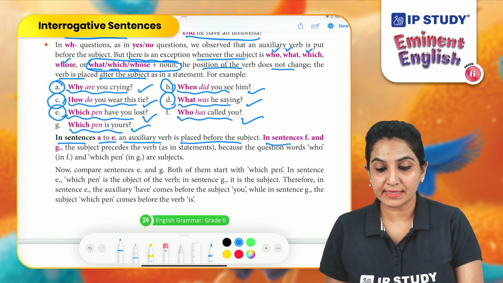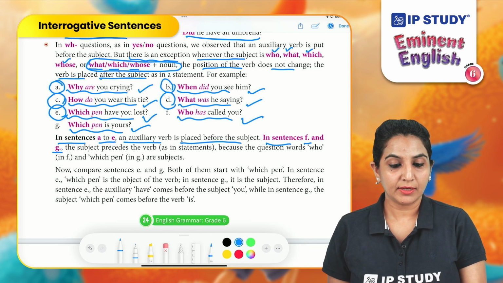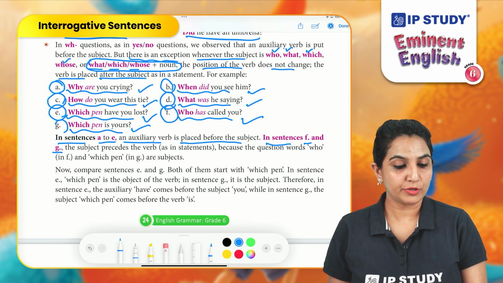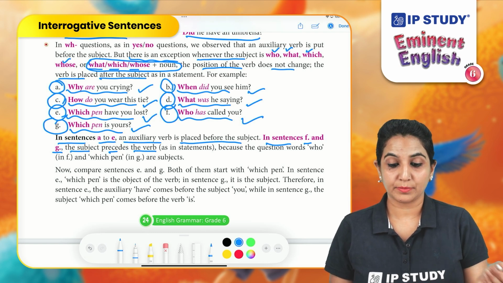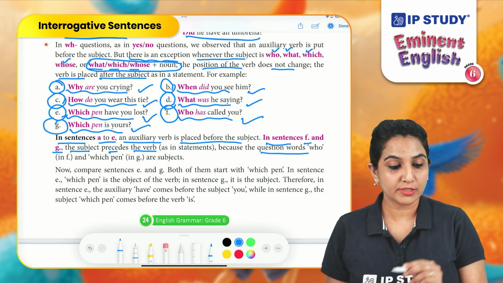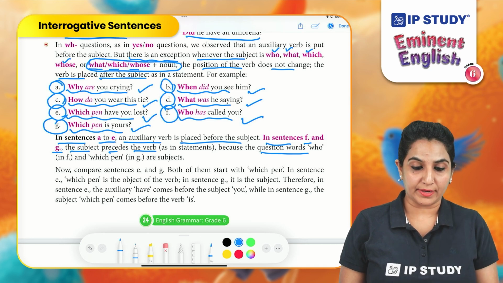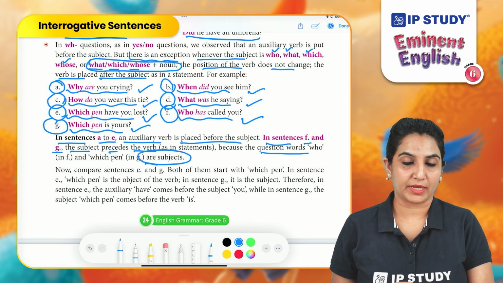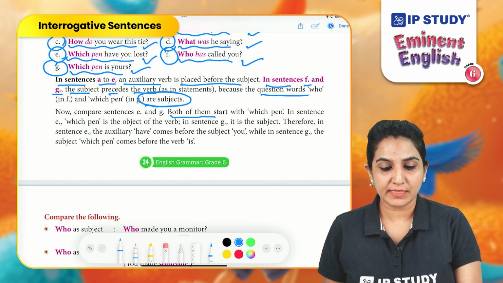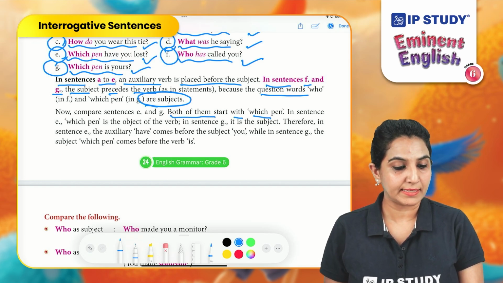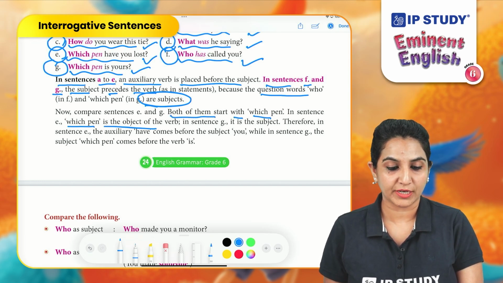But in sentences F and G, who has called you? Which pen is yours? The subject precedes the verb, like we do in statements, because the question words who or which pen are the subjects. So, both of them start with which pen. In sentence E, which pen is the object of the verb.